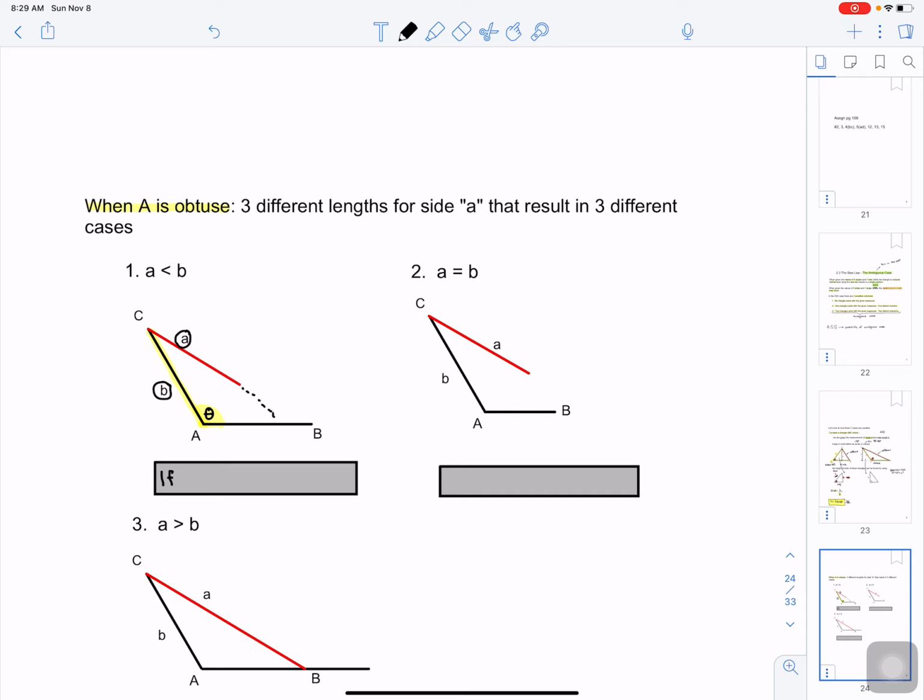So if A is less than B, we get no solution, because it doesn't even close and the triangle's not even formed. If A is equal to B, we also get no solution because, again, the triangle is not formed.